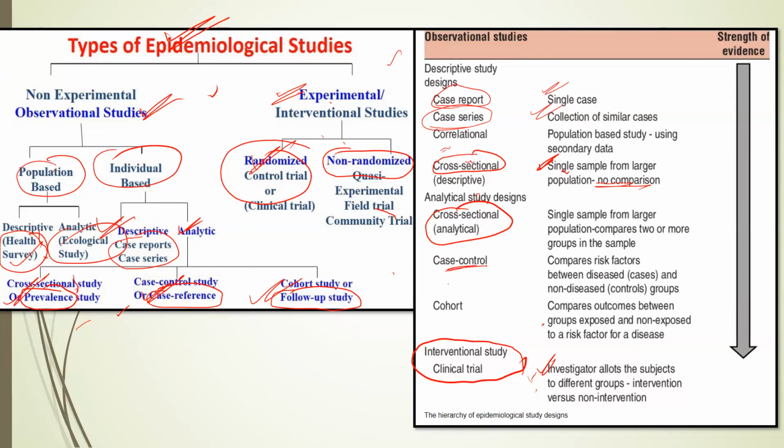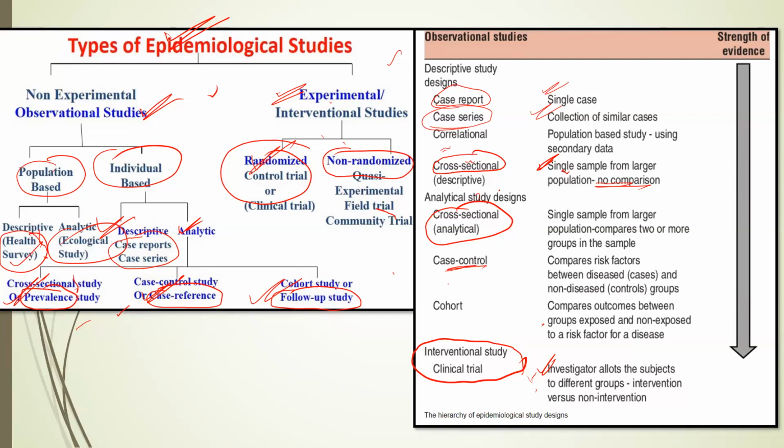Then in case control study, of course, you're dividing the patients into two groups, that is the cases and controls. The cases are basically those individuals who are exposed to a risk factor or who are diseased, and controls are basically those who are not exposed to the risk factor, those who are not diseased. Okay, that's the word which is used interchangeably.